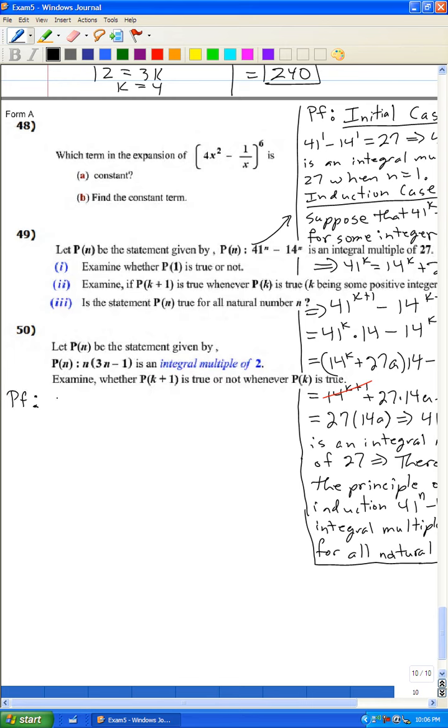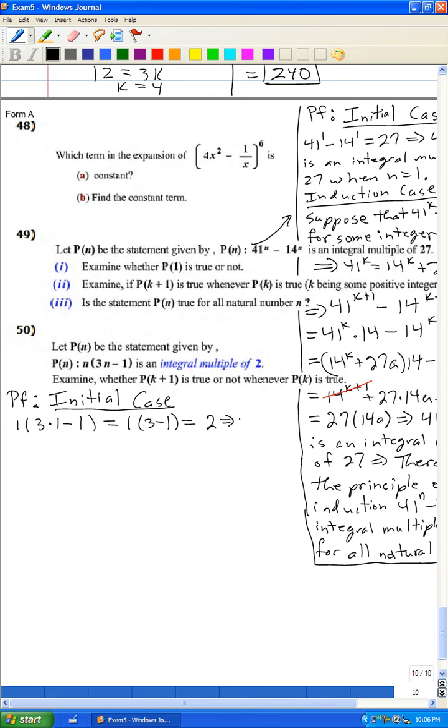And so let's do the initial case. And so 1 times 3 times 1 minus 1 is equal to 1 times, well, 3 minus 1 is 2, which is an integral multiple of 2.